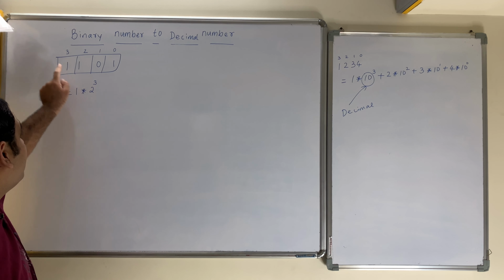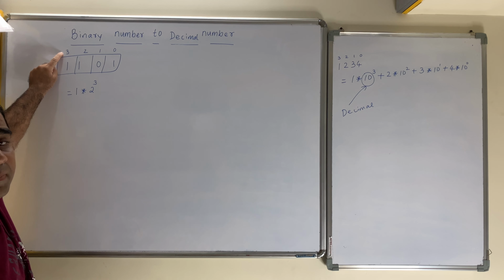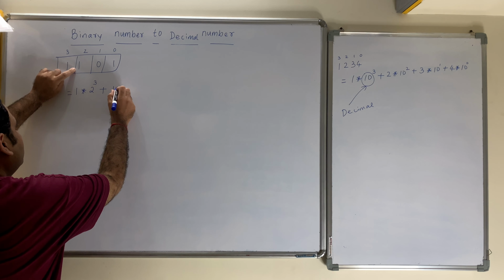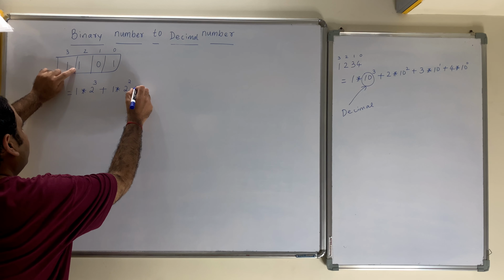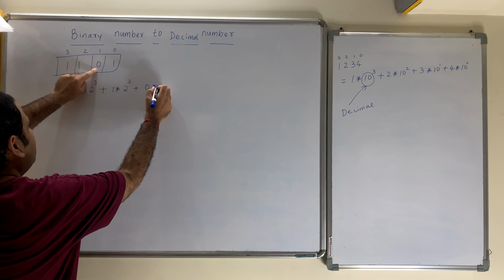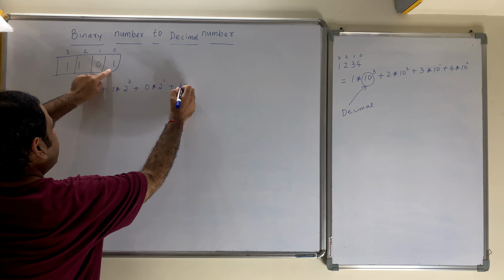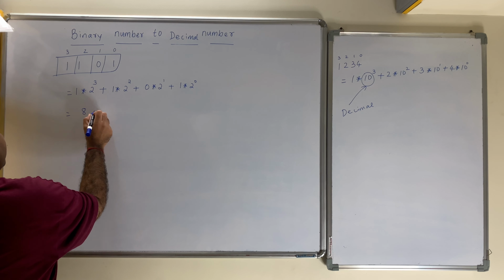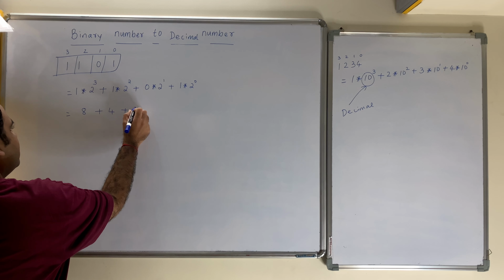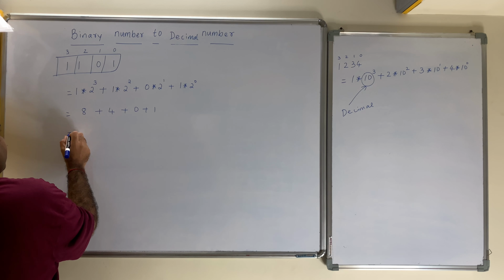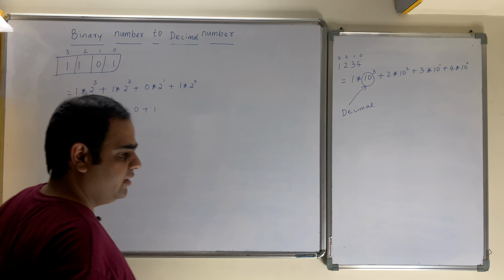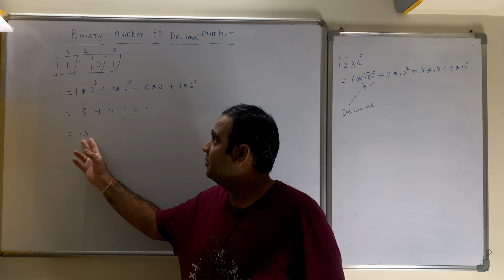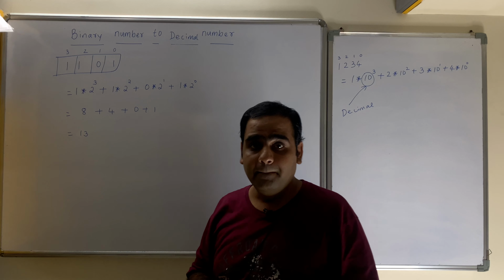The placeholder, the place at which this one is available, plus 1 into 2 to the power 2 plus 0 into 2 to the power 1 plus 1 into 2 to the power 0. Now let's evaluate this. This is 8 plus 4 plus 0 plus 1. This is equal to 13 in decimal. Just now we did it: 13 in decimal is 1101 in binary.